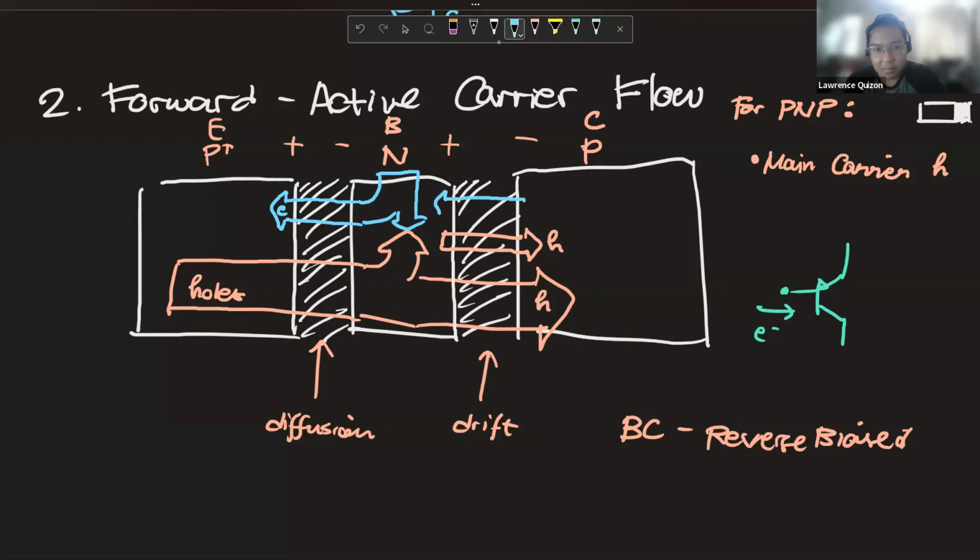But we should also note that there are electrons drifting the other way around. Ay, wait lang. Baliktad. Minority. Sige, let's draw that again.